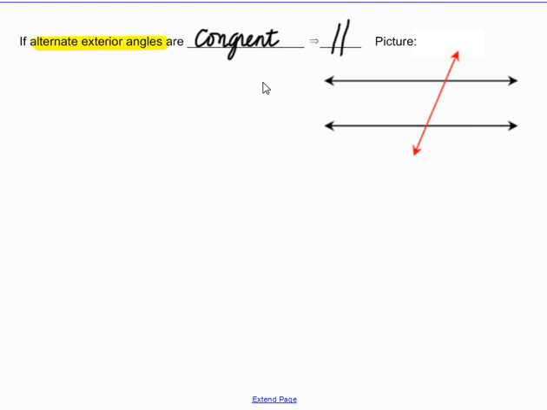Alternate exterior. Remember, exterior is outside. Alternate means they're on opposite sides of the transversal, so that would mean this angle is congruent to this angle. It also means that this angle is congruent to this angle. Those are alternate exterior angles.